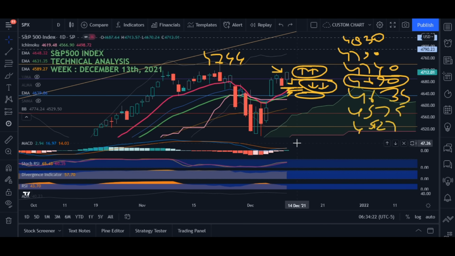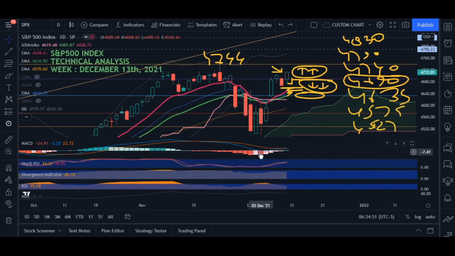If we look into some other technical indicators, MACD is bullish. MACD was bearish on the weekly chart, but now it is bullish. If we look into stochastic RSI, the K channel and D channel are both above 50, and K channel is more than D channel, which means it is bullish. Divergence as of now is normal, not a problem.